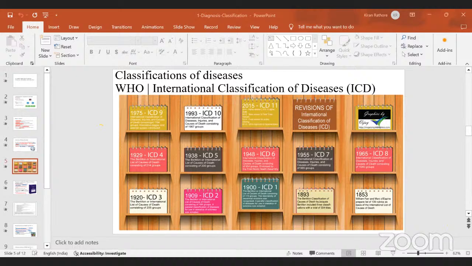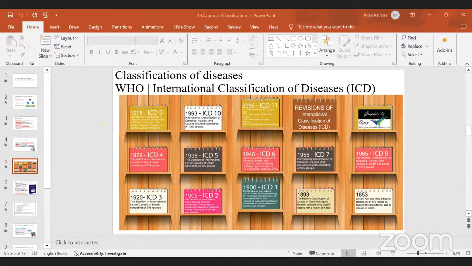Now they made some changes, and they have put mental illnesses under, let us call it, chapter 6, and they have gone with the coding of A, B, C, D, like that. Clusters. For example, they have categorized anxiety disorders or fear related disorders under chapter 6, dedicated for all mental illnesses in the ICD, and then 6B.